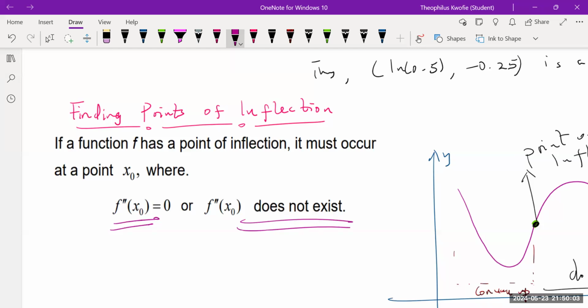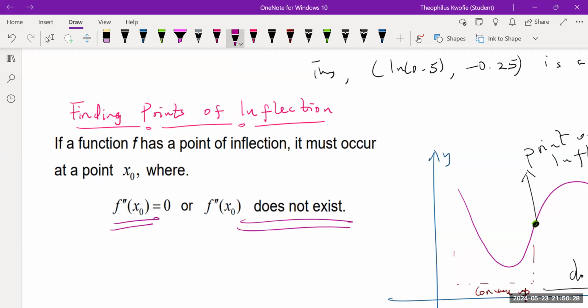In those circumstances we can say that you are at the point of inflection. It's like somebody who is happy right now, and the next minute the person is sad. That transition from happy to sad is what we call the point of inflection.